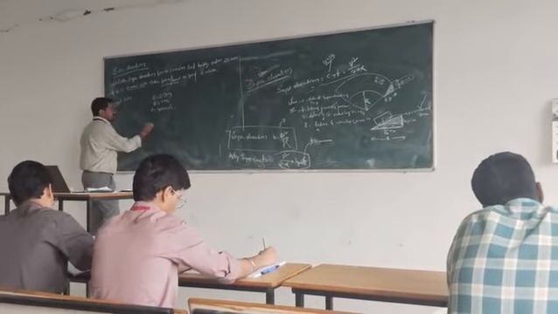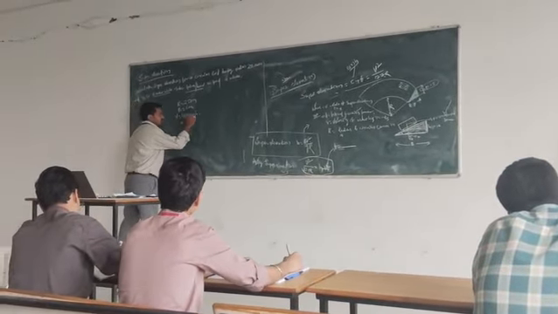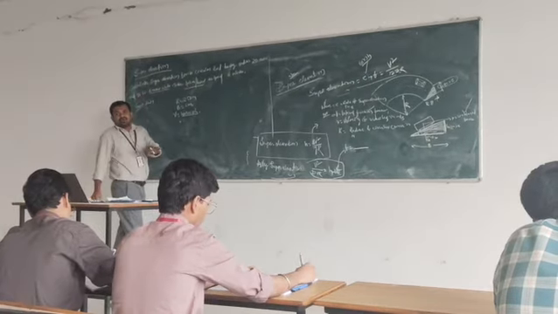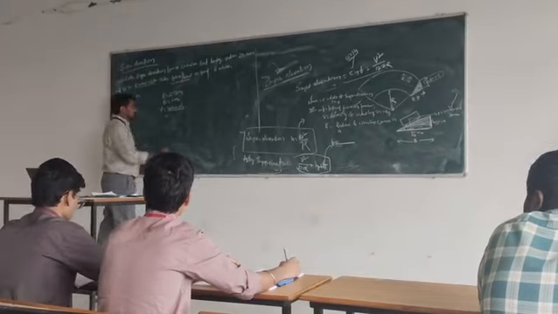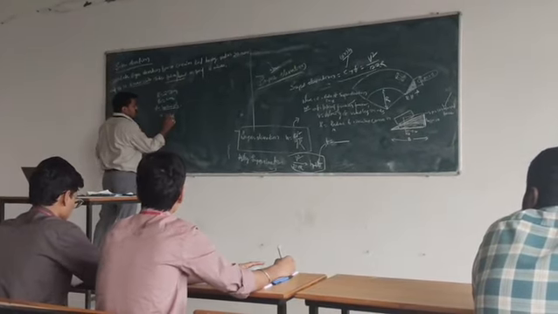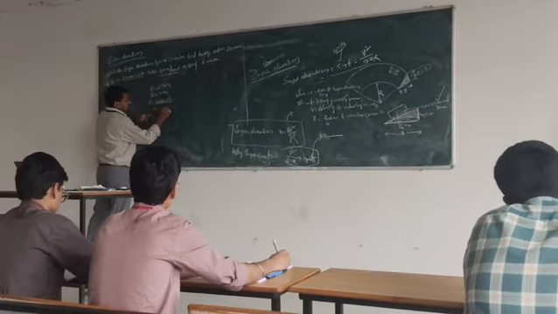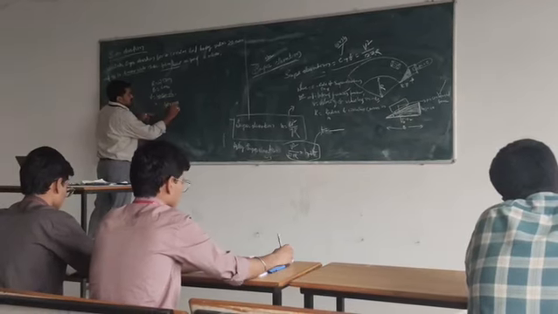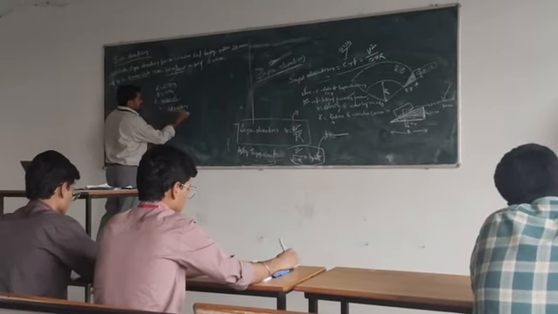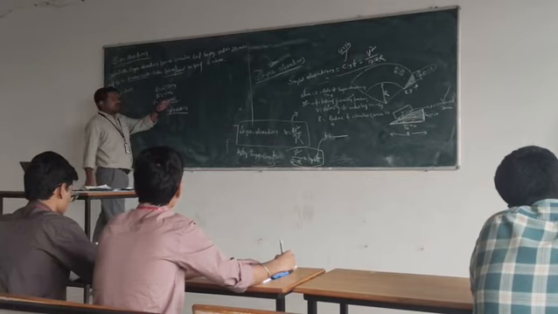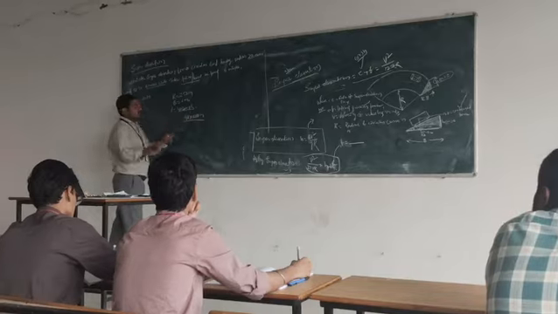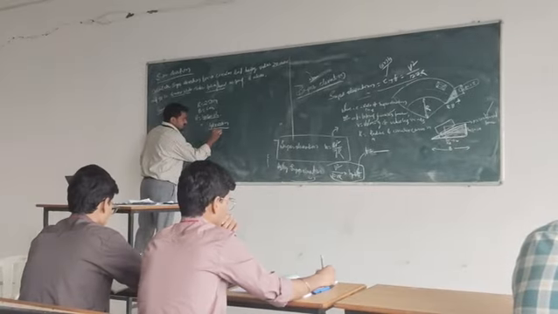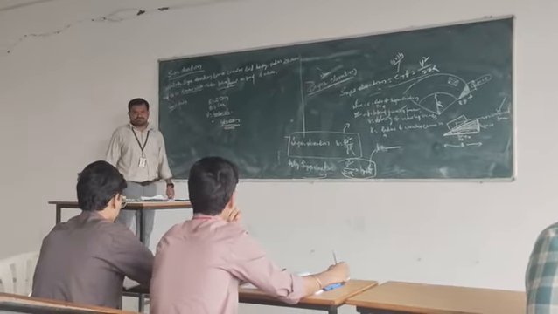It will be required in seconds, so how to convert 40 kilometers per hour to meters per second? We take 40 into 1000 meters, divided by the seconds in an hour, 60 minutes into 60 seconds.